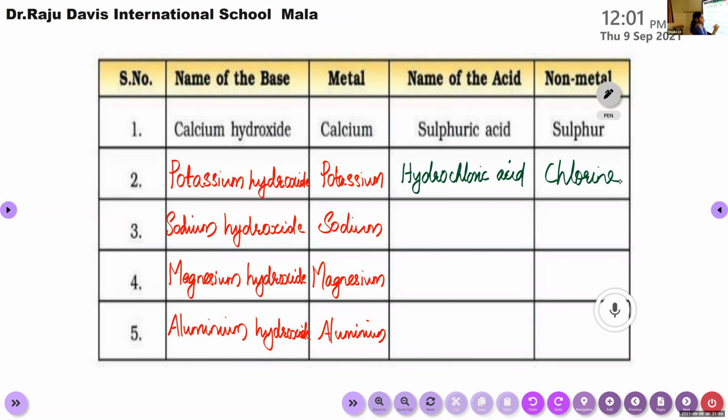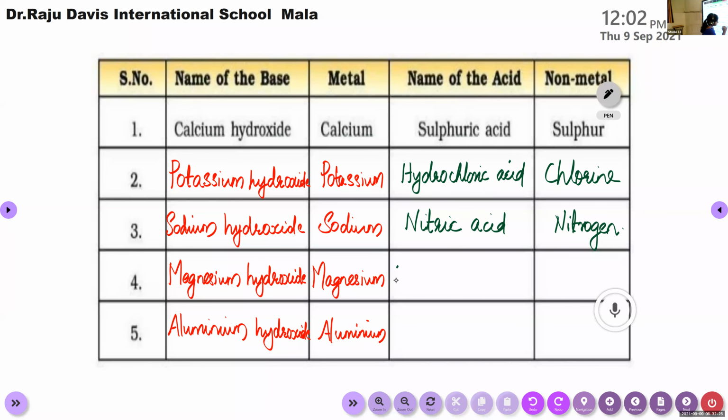Then Carlin, can you tell me which non-metal is present in nitric acid? Nitrogen. Very good. It's nitrogen. Ma'am, is it nitric acid or nitric acid? Nitric acid. Okay, ma'am.